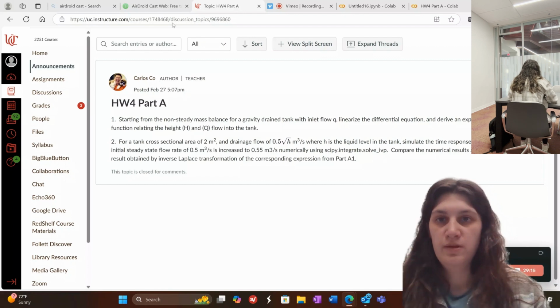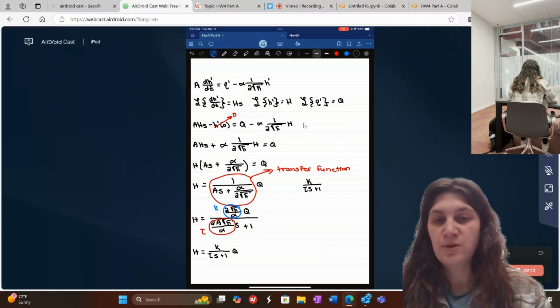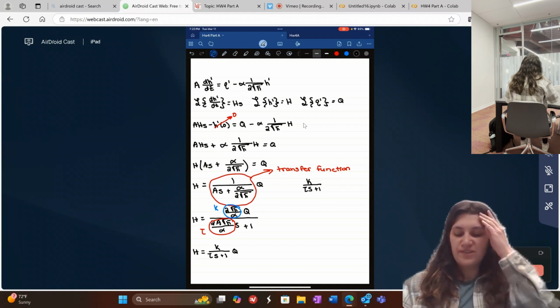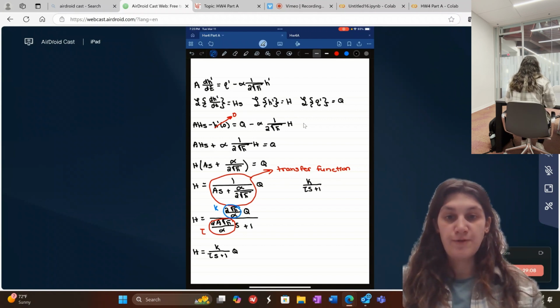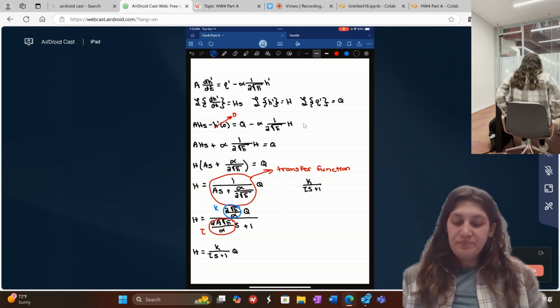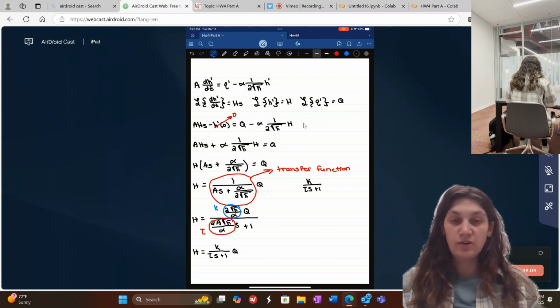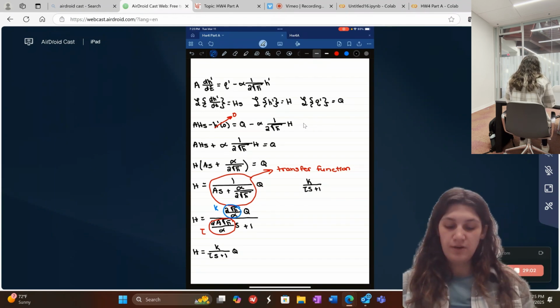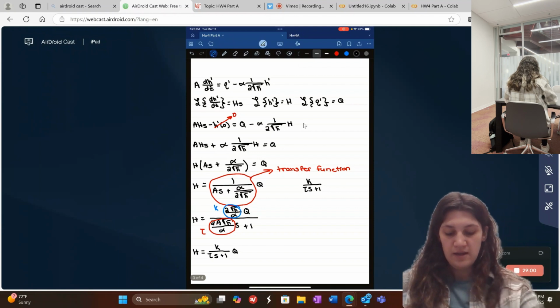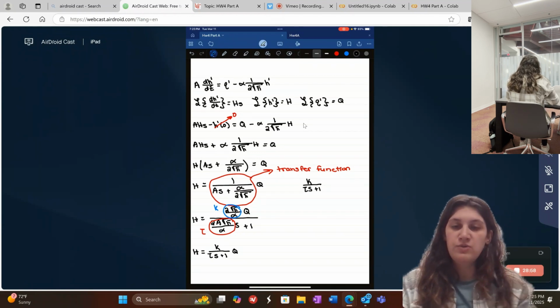So this time I'm going to work backwards and address the second part first. And here we have the analytical result that we got from the previous part. Based on this, we're going to do some inverse Laplace transforms.